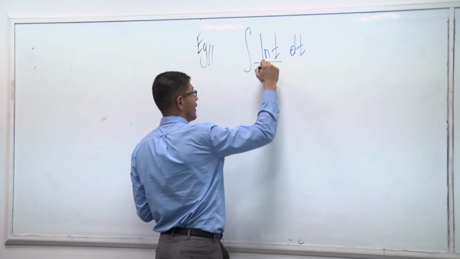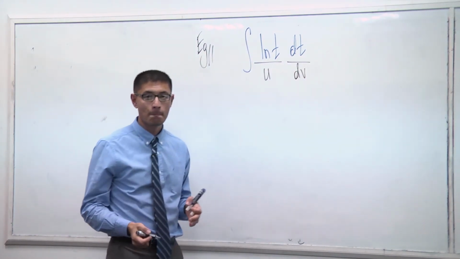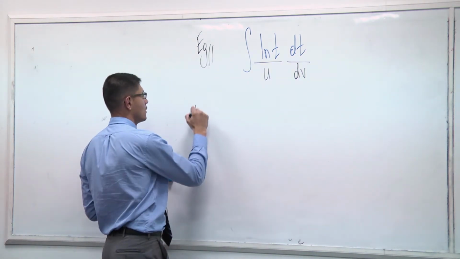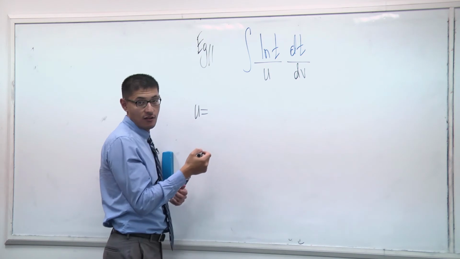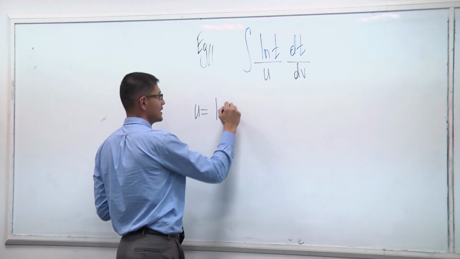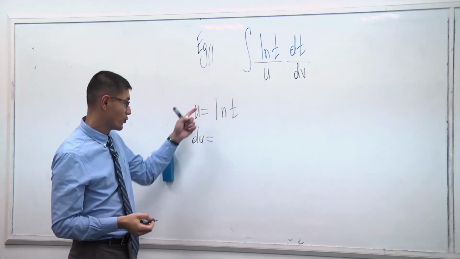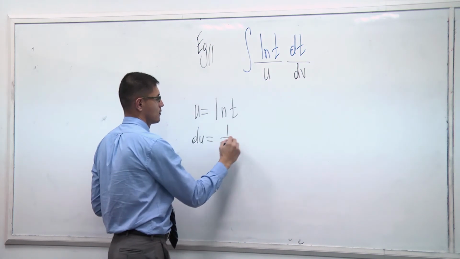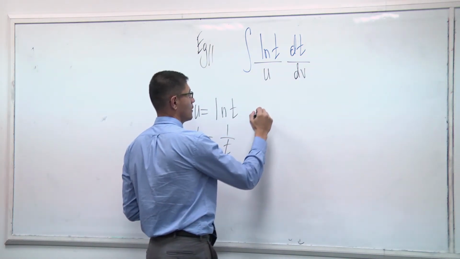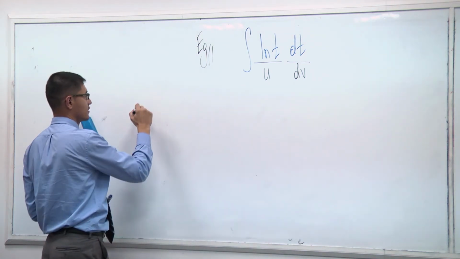We're going to take ln t as u and dt as dv. Now let's apply the integration by parts formula and see if it works out. If u is ln t, then du, the derivative of ln t, is 1 over t. Why don't I scoot over a little bit to leave myself space.